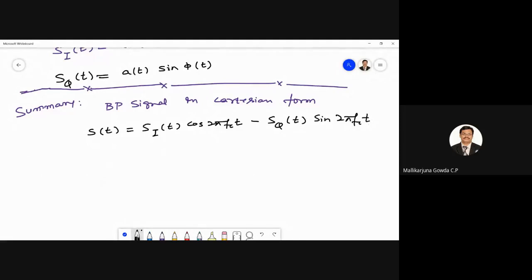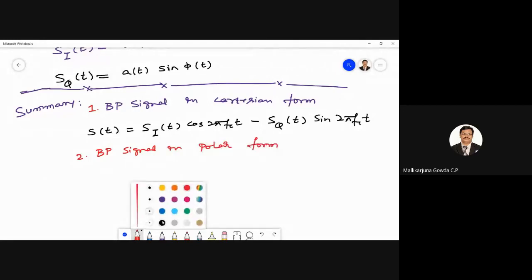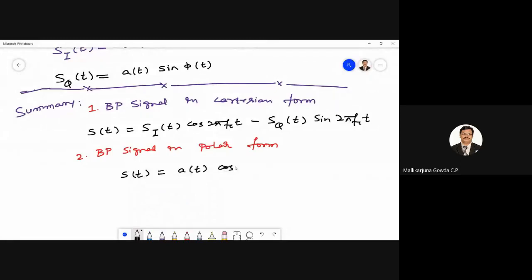In the same way, the second one is the bandpass signal in polar form. In polar form, it can be written as S of t equal to A of t cosine of 2 pi f c t plus phi of t.